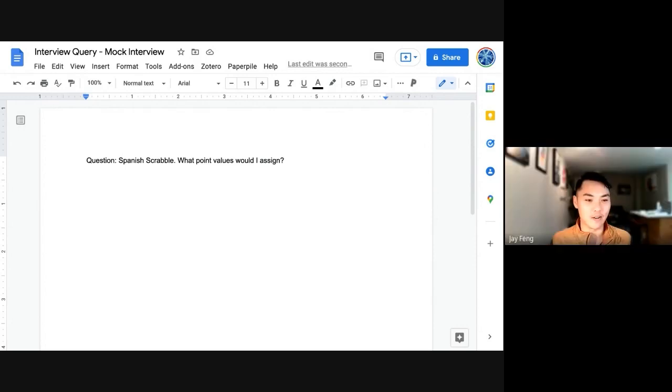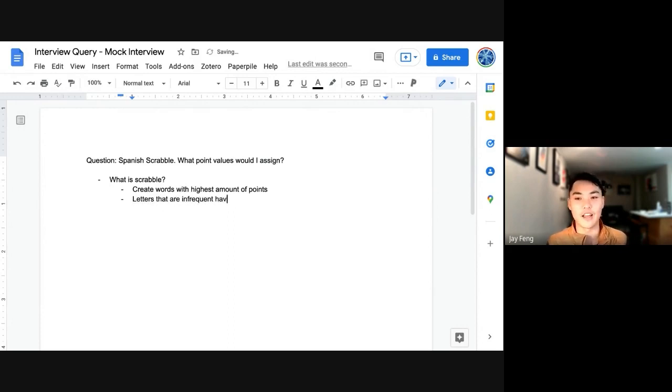Scrabble basically, you try to create words with the highest amount of points possible. A lot of the times, at least in English, the least common letters are placed in words, such as zebra, the Z is assigned 10 points because it's not a very common letter and it's very hard to make a word with that letter.